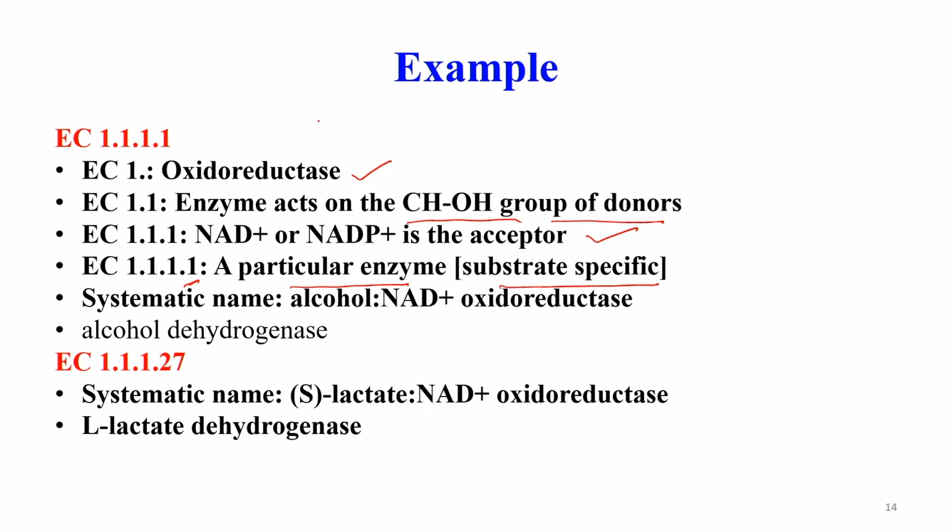1.1.1.1 is alcohol dehydrogenase. This is alcohol dehydrogenase. And now similarly if I say EC 1.1.1.27, all 3 remain the same, only the 27, the D, is specific to a particular substrate.